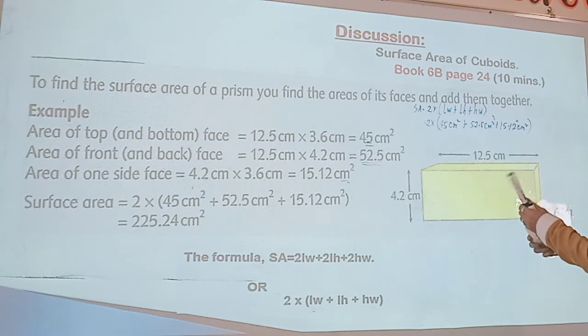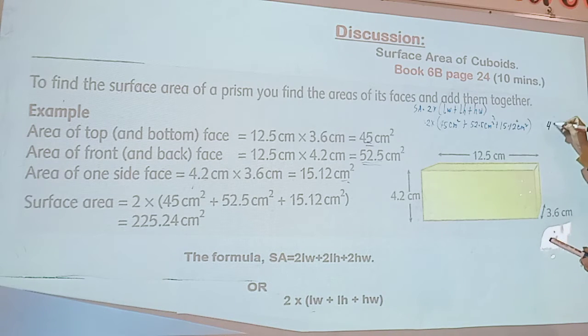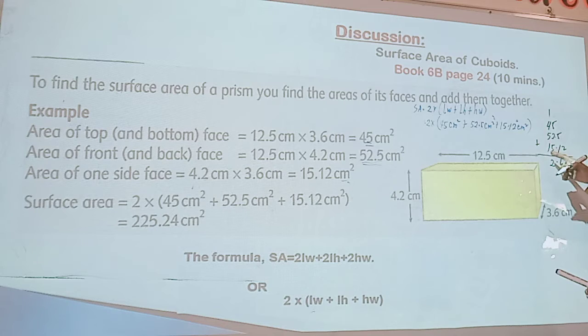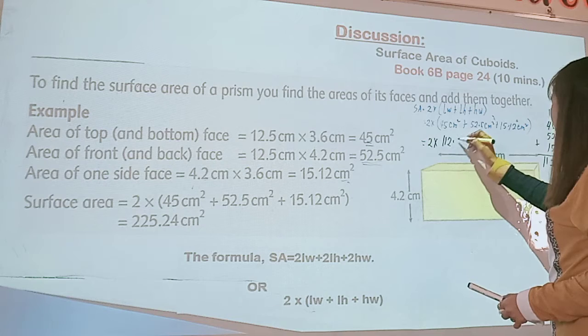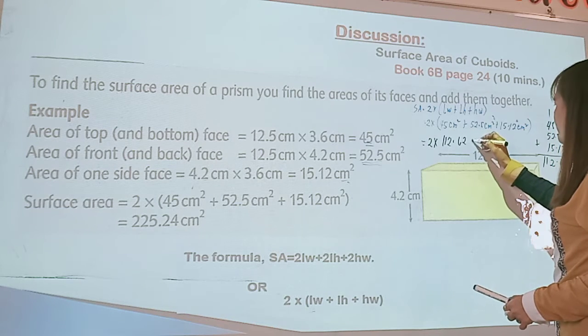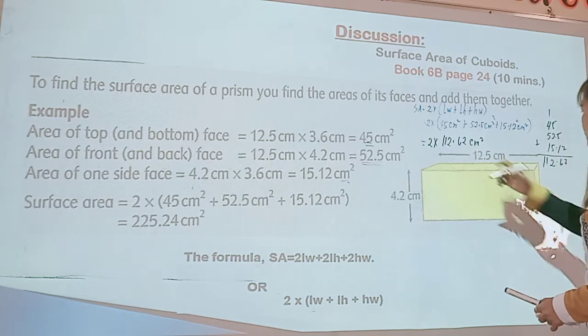Let us add: 45 plus 52.5 plus 15.12. 5 plus 1 is 6. 5 plus 2 is 7 plus 2 is equal to 12, carry 1. 1 plus 4 is 5 plus 5 is 10 plus 1 is 11. So we get 2 times 112.62 centimeters squared.